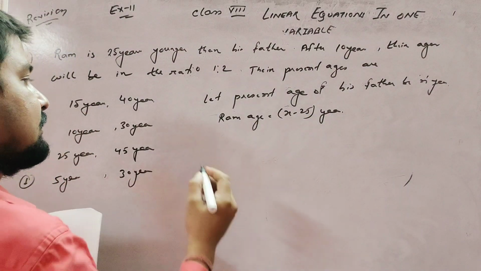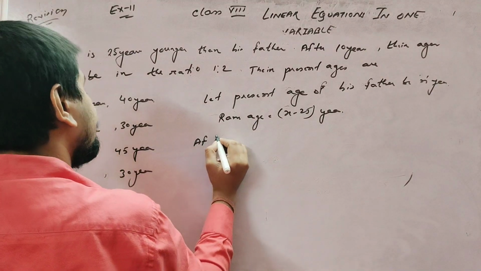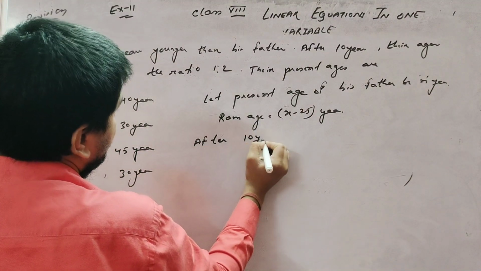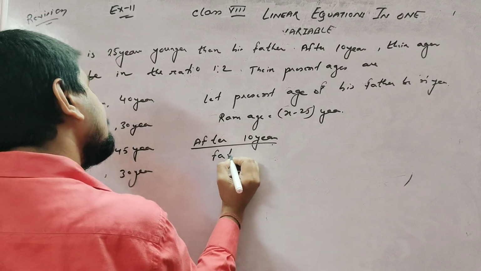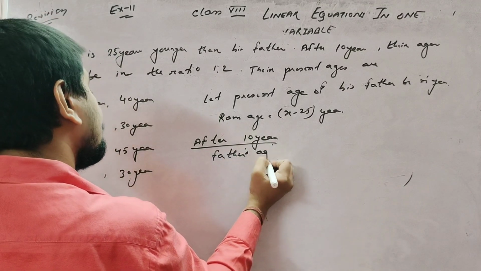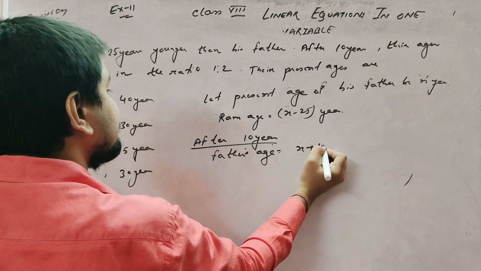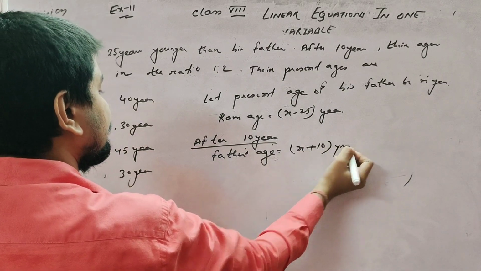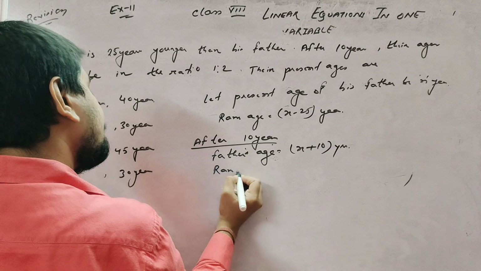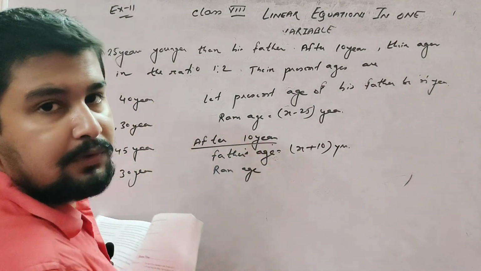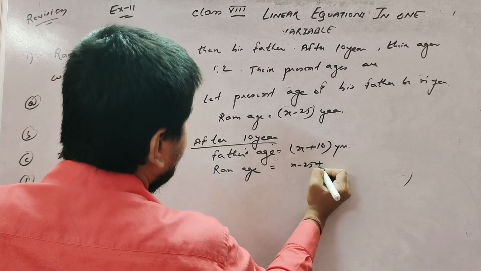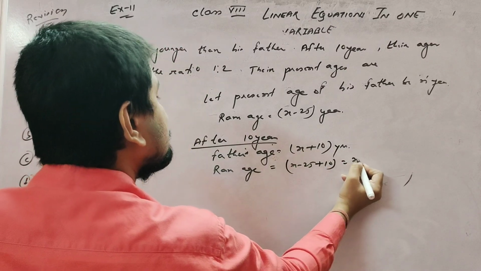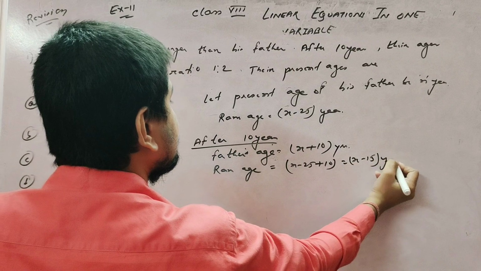After 10 years, father's age equals x plus 10 years. Ram's age, because after 10 years we add 10, so x minus 25 plus 10 equals x minus 15 years.